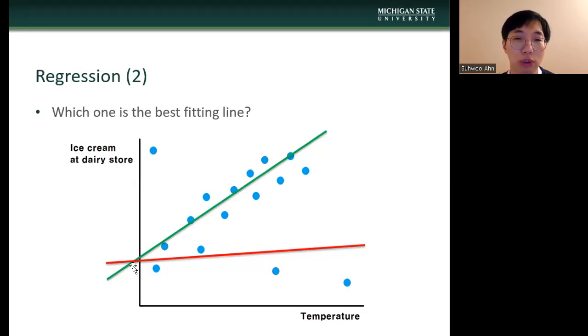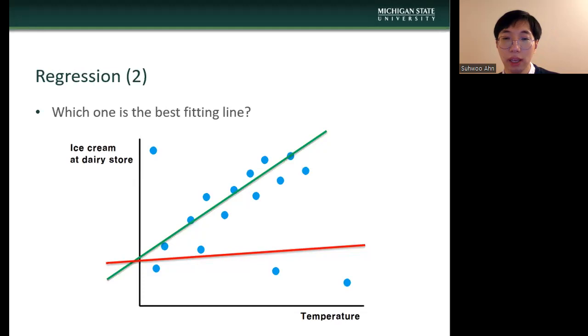One student draws the yellow-green line here. However, other students draw the red line. Which one is the best fitting line? Which one best represents the relationship between temperature and ice cream?